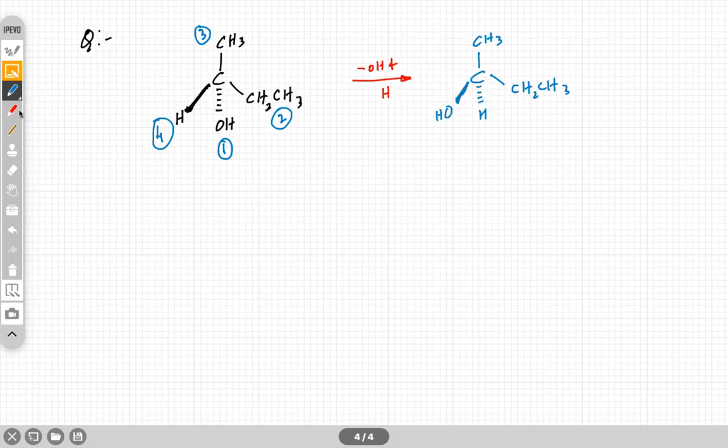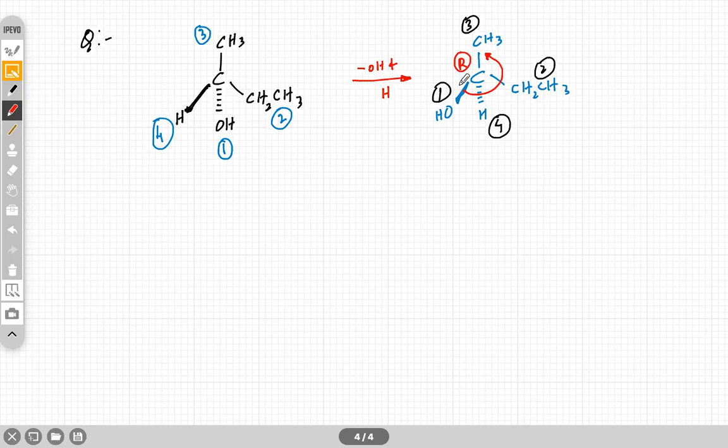Now we can find out the configuration of this molecule. It is 1, this is 4, this is 2, and this is 3. So we'll go from 1 to 3 via second, and this is anti-clockwise.